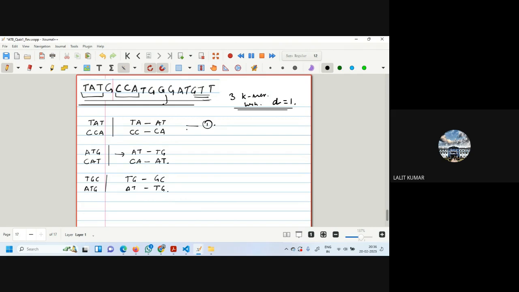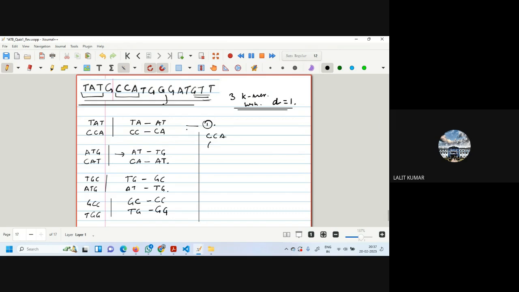So now we have come to TGC. We come to GCC, and after ATG is TGG. So this will become GC, CC, TG, GG. And here we build the others. After GCC is CCA, and this was TGG, GCC, TGG.